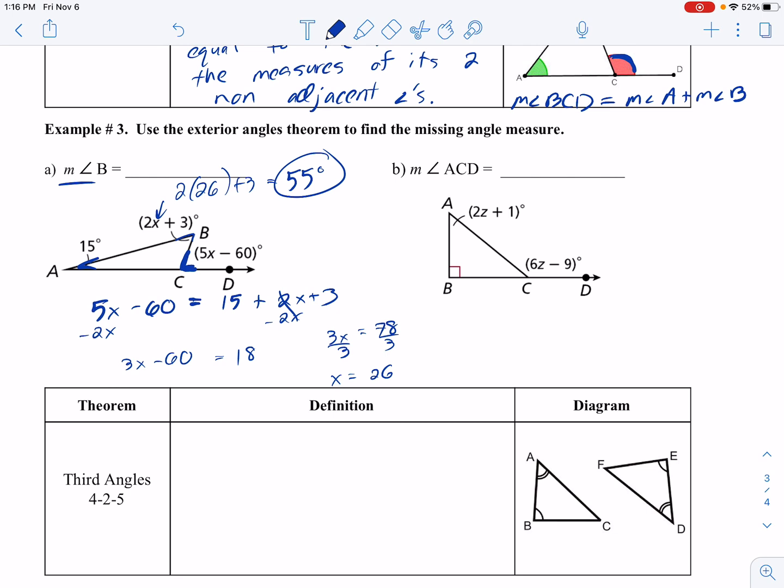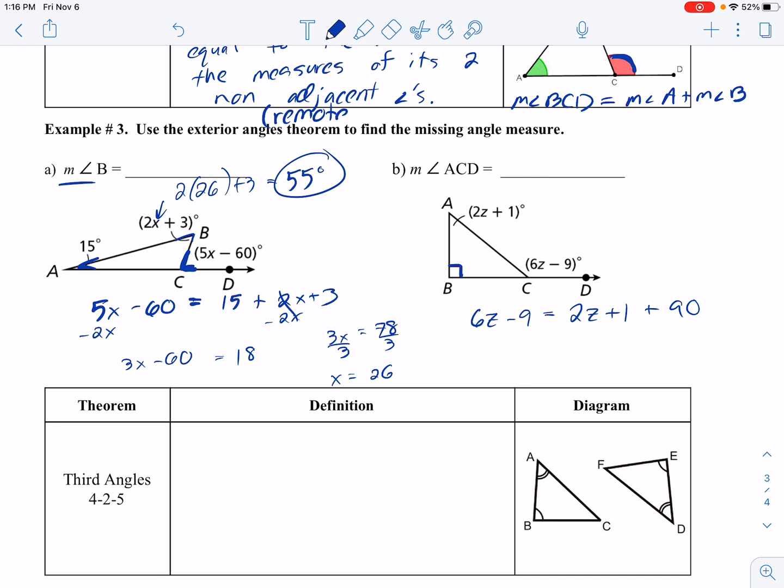All right, let's finish up with, we'll let you go ahead and try example B on your own. Try example B, and then we will see what you get. Okay, hopefully your equation looked like this. 6z minus 9 equals the two remote interior angles added together, which would have been 90, or sorry, remote is another word for non-adjacent.